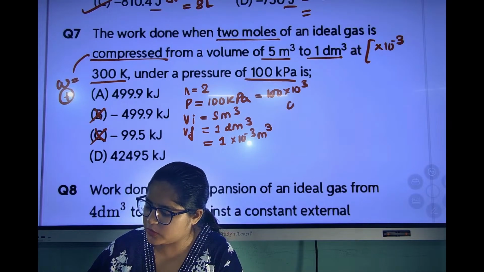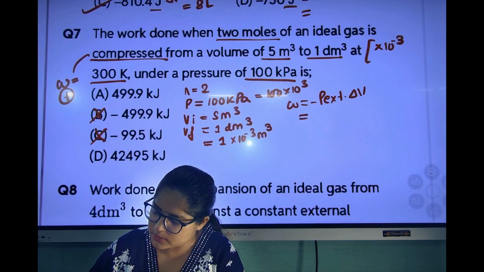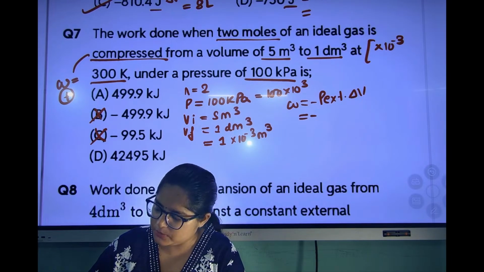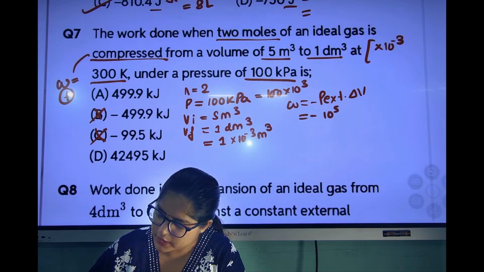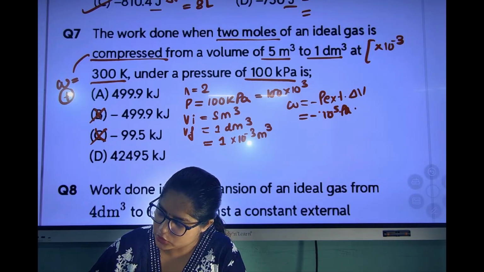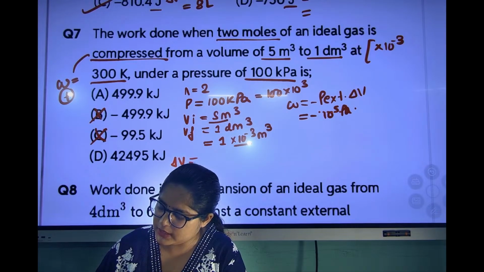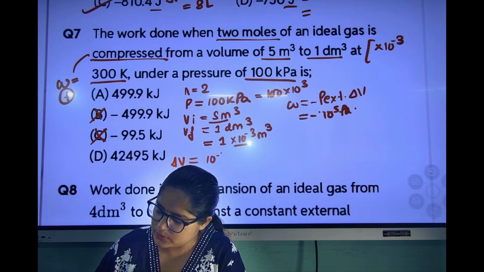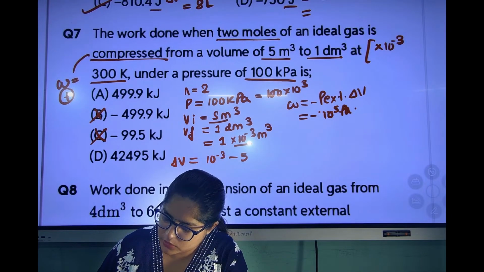Now what is the formula for work done? Work done is equal to minus P external into delta V. P external is how much? 100 into 10 to the power 3. Directly I am writing here 10 to the power 5 pascal into volume. Volume is in meter cube. So initial is 5 meter cube and final is 10 to the power minus 3. So delta V will be how much? 10 to the power minus 3 minus 5. How much is it going to come?